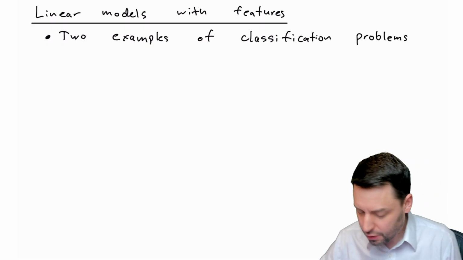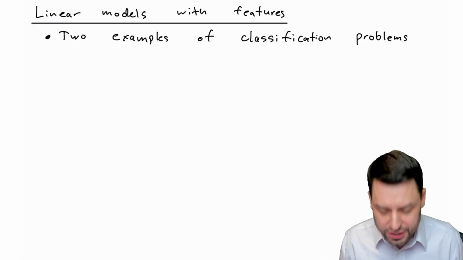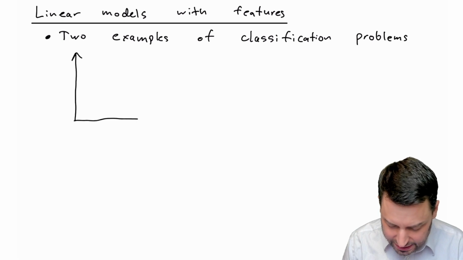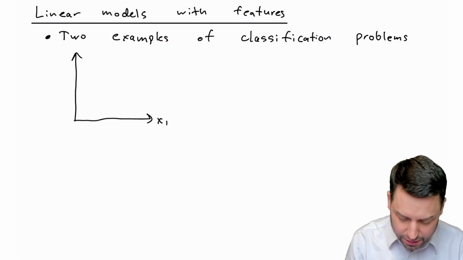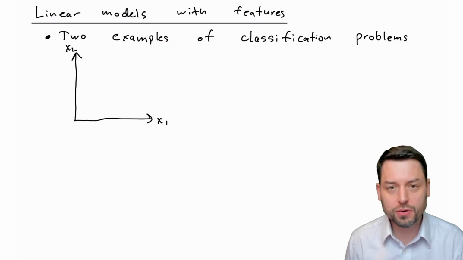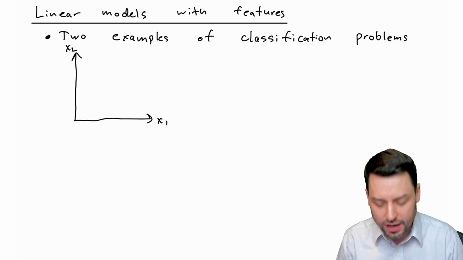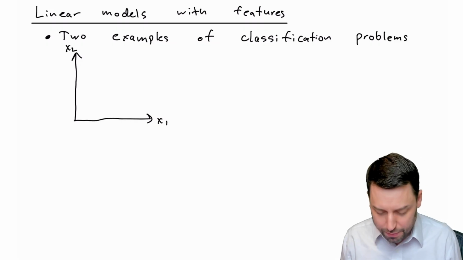And in particular, we're going to look at the following kind of visualization of a classification problem. I'm going to think about two axes here, and these are just two different dimensions of an input. So this axis could be x1, this axis could be x2. So we have a two-dimensional input, and I'm just plotting a certain function in 2 dimensions. The details of this are not really important.